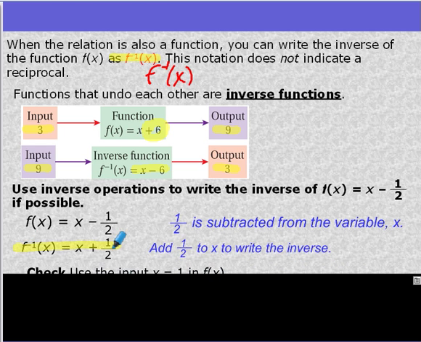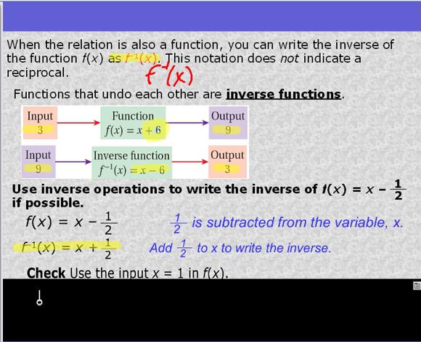You can check it. How do you check it? Well, we want to input x equal 1 in here. What do we get when x equals 1? It's going to be 1 minus 1/2, which is 1/2. Now we're going to plug 1/2 in here and make sure we get 1 back with the original input. So if we plug 1/2 in here, 1/2 plus 1/2 equals 1.